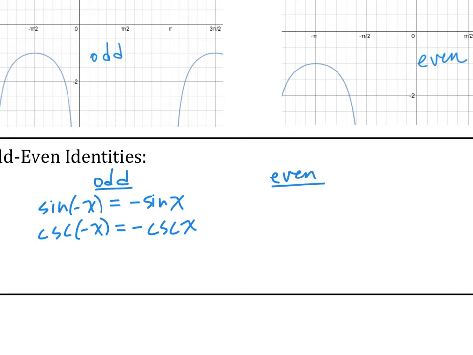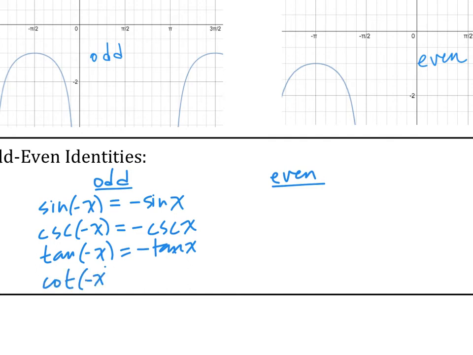Okay, the other two that are odd are tangent and cotangent because they're reciprocals of each other. So tangent of negative x is negative tangent x. And same thing with cotangent.